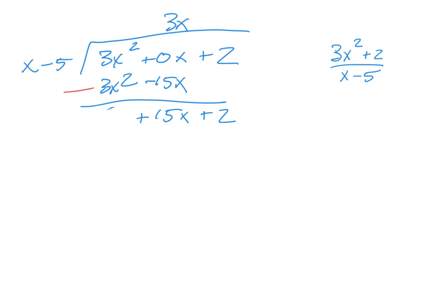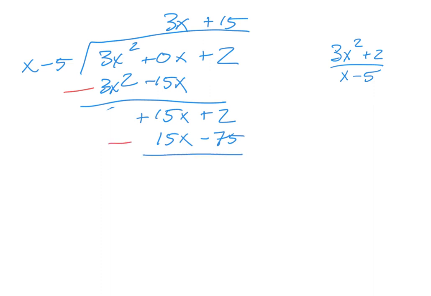And then I'm looking and saying, okay, x needs to go into 15x, so that will be plus 15. 15 times x is 15x, 15 times negative 5 is negative 75.